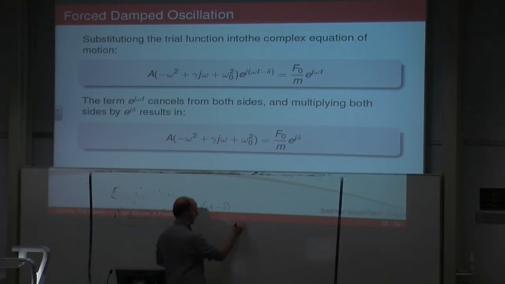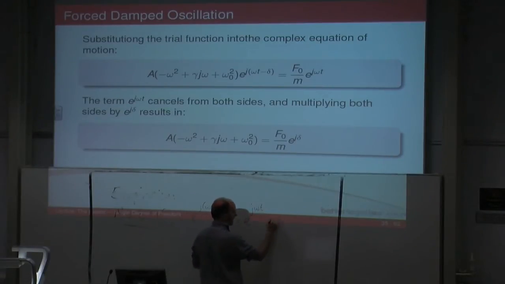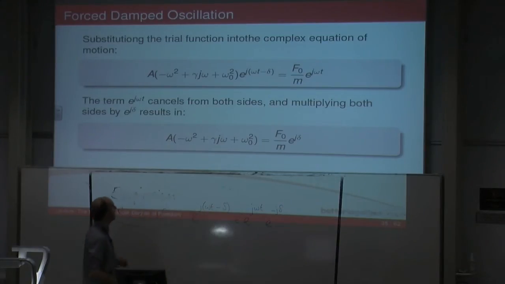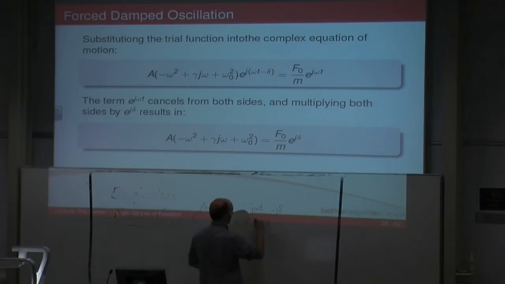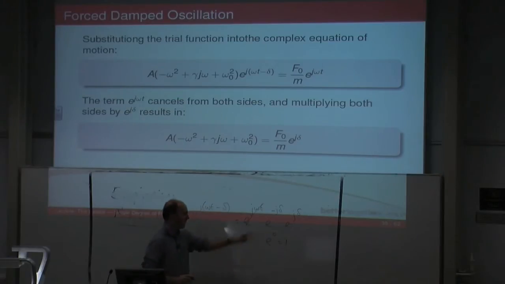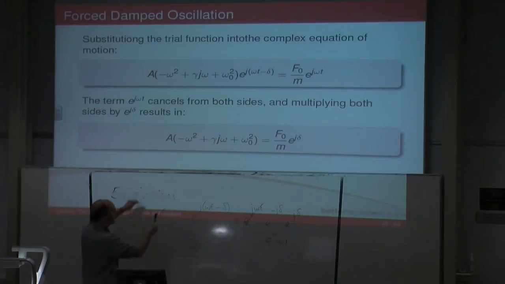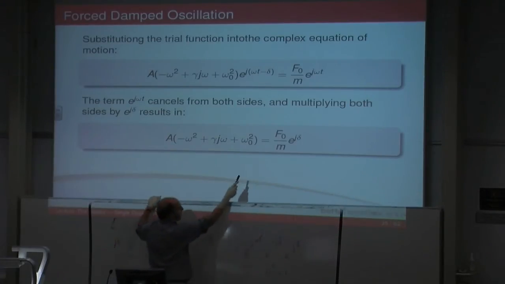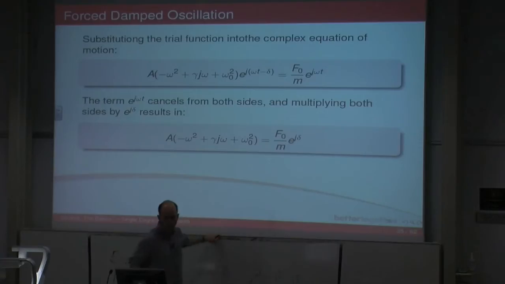That equals e to the j omega t times e to the minus j delta. Now that e to the j omega t cancels because it's on both sides. And if I multiply this by e to the j delta, that's going to be e to the power of 0, which equals 1, because you have minus j delta plus j delta equals 0. So I can do that. And because I've multiplied both sides of the equation by that, I end up with the e to the j delta term on the other side.